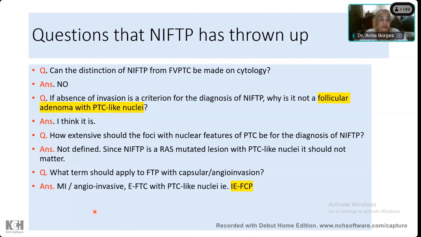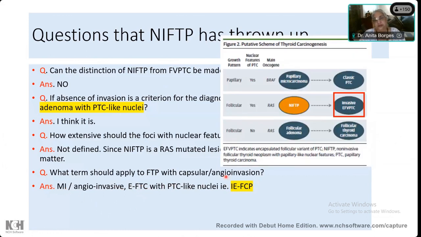My answer is that it should be minimally invasive or angioinvasive encapsulated follicular thyroid carcinoma with PTC-like nuclei. That is what is logical. But logic doesn't work with the WHO. You know what they've called it? They've called it invasive encapsulated follicular variant of papillary thyroid carcinoma.